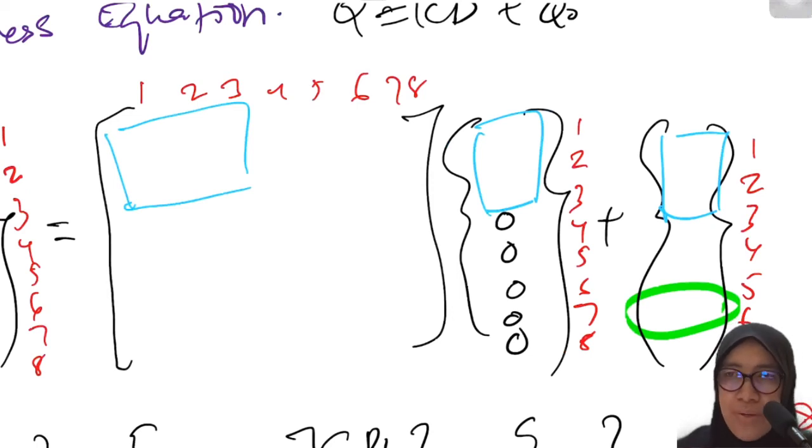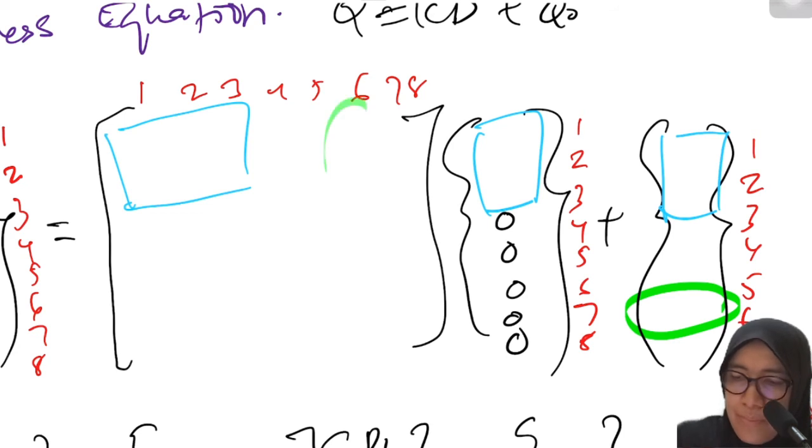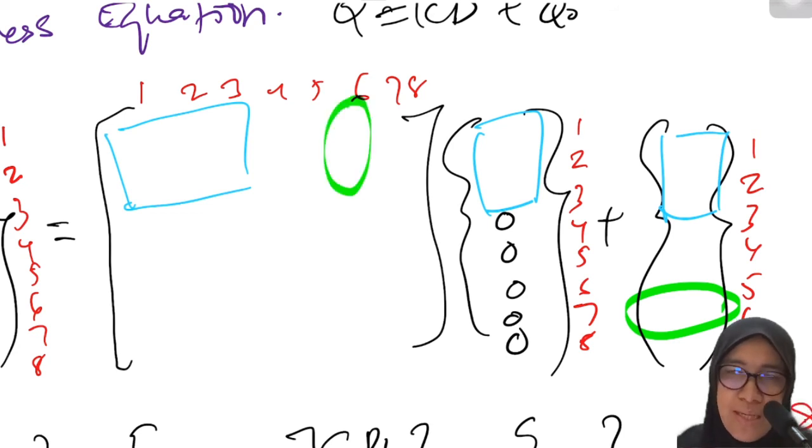D6 is not going to be 0 anymore. We have to put the value of D6 given. And actually in the stiffness matrix, we need to have the value here at position 6. Means that we need to have this value, and this value.